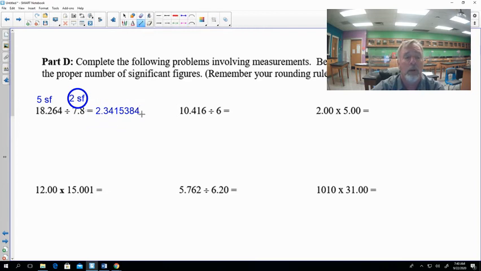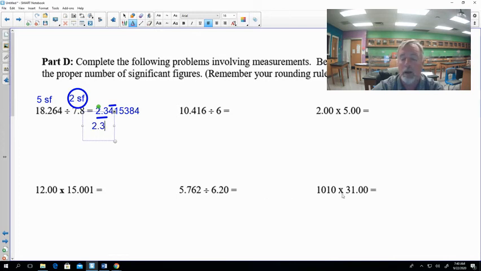So what are our 2 sig figs? There they are. It's the 2 and the 3. We got to look to the next digit to figure out how we're going to round. That digit's a 4. So that 4 tells us we're going to leave our 3 alone. Our final answer here is simply 2.3. Okay. We do a multiplication down here. Let's see if I can find a good one.